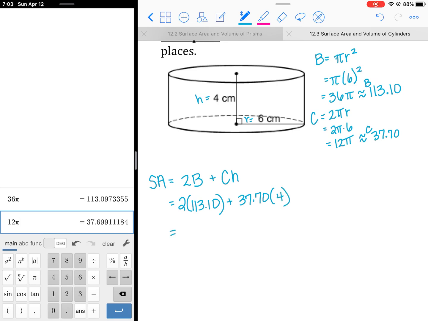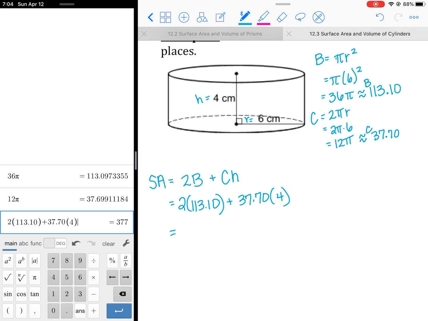All right, so let's go on and multiply these things together. I'm just going to type it in as one big long string, which means that I need to be super careful when I'm typing. So that's 2 times 113.10, close them, plus 37.70 times 4.